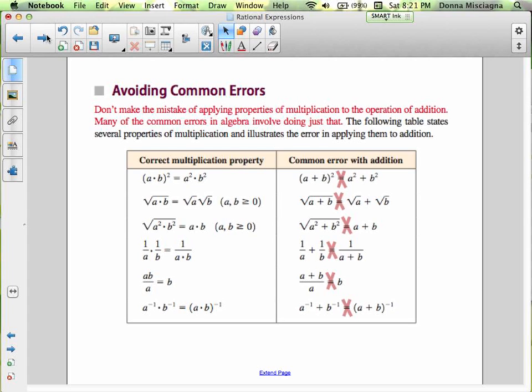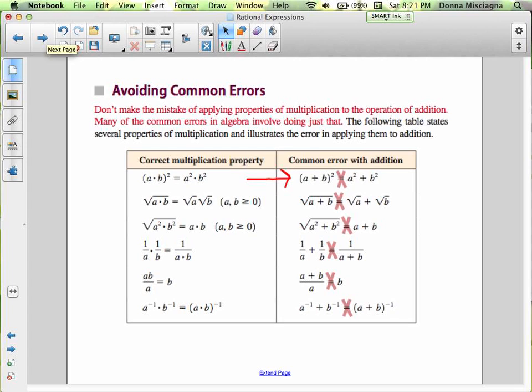So (a times b) squared is indeed a squared times b squared. But (a plus b) squared is not a squared plus b squared.